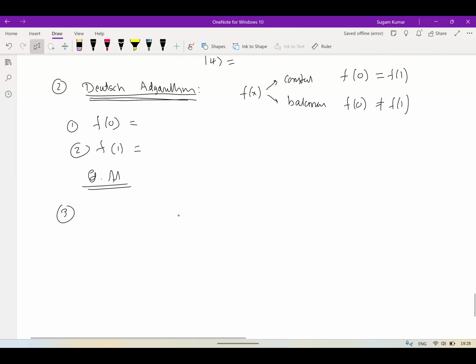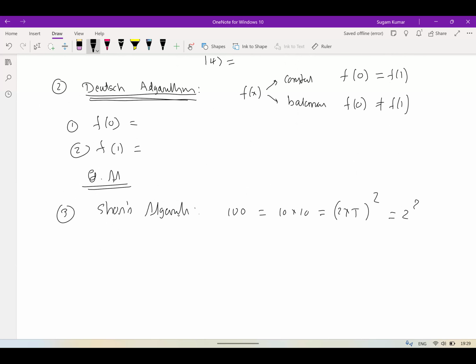Then we will also discuss the Shor algorithm. The Shor algorithm gives the prime factors of large numbers. For small numbers, like 1,000 or 100, you know that 100 is 10 into 10, which means 2 square into 5 square.